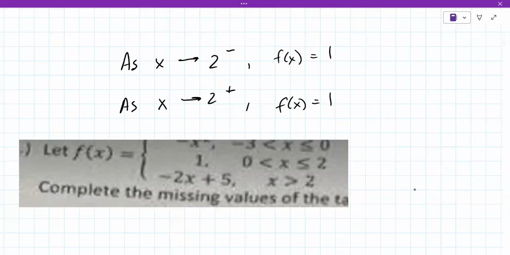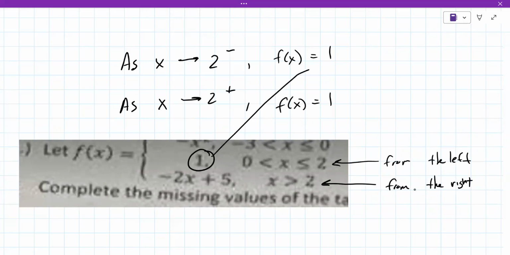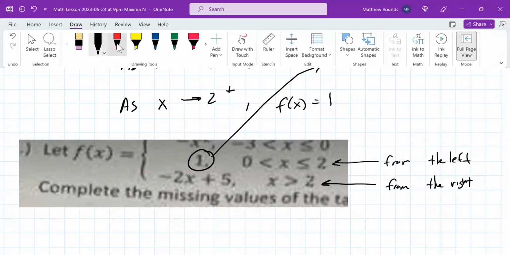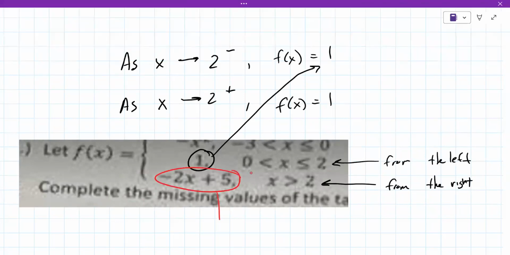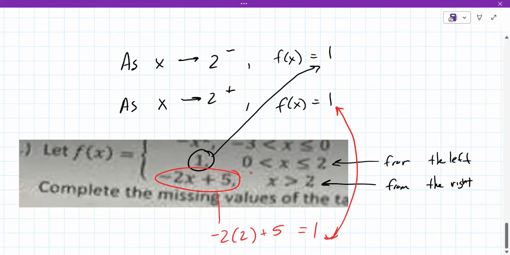This one right here is from the left. This one on the bottom here is from the right. And so this one corresponds with this one here. The other one comes from putting 2 in -2 times 2 plus 5, which equals 1. That's this one. Okay, got it.